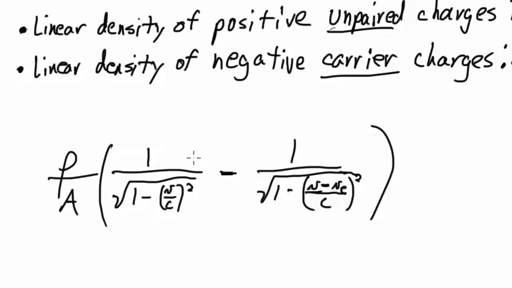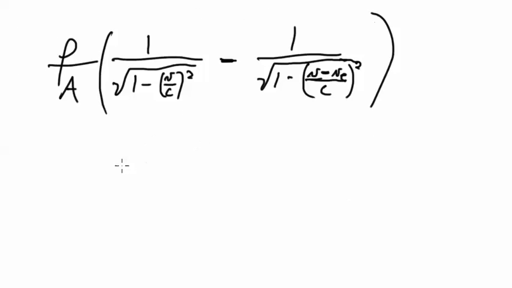What's going to happen with this is, since v sub e is going to come out way less than 1 meter per second, it's the drift velocity of the electrons themselves. We'll look at a couple of different options for how to approach this.